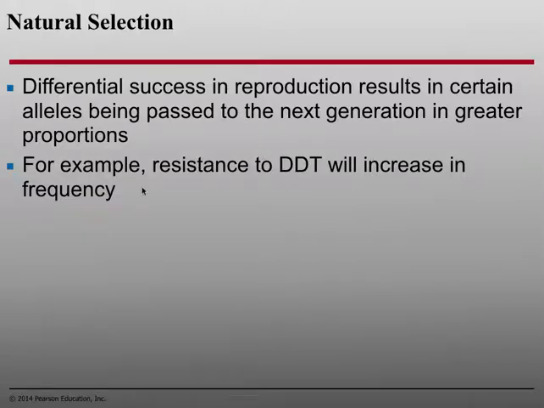And that resistance will increase in frequency over time because those insects are passing along their genes. Okay, so it's success in reproduction results in certain alleles being passed to the next generation. Okay, and it keeps increasing over time.